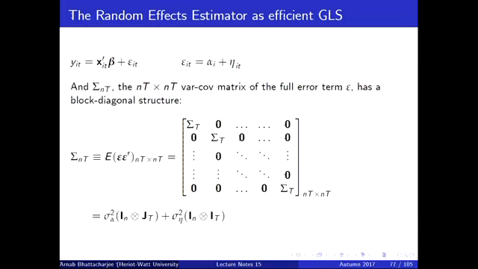So sigma, the NT by NT variance covariance matrix of the full error term, will have this block diagonal structure, which is sigma alpha square, the identity matrix Kronecker product with J_T, plus sigma eta square, the identity matrix Kronecker product with I_T.